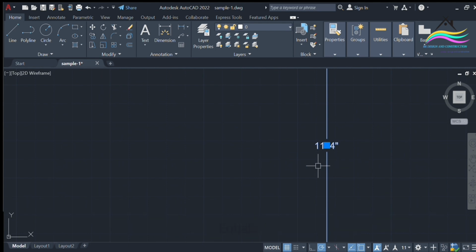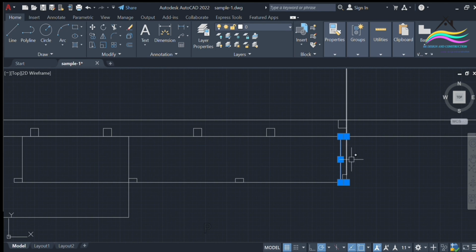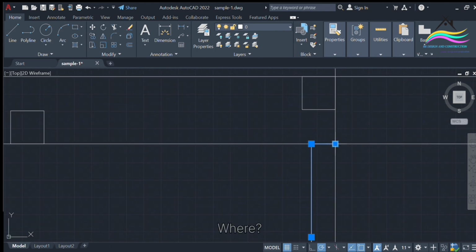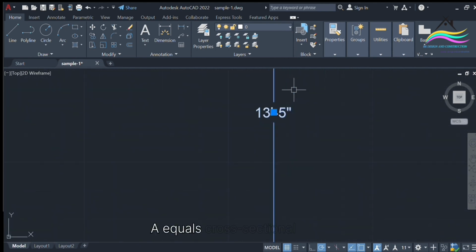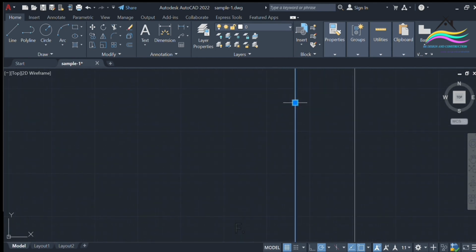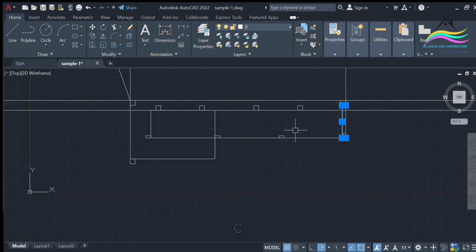Design equation: P = A·fc, where P is the axial load, A is the cross-sectional area, and fc is the compressive strength of the material.